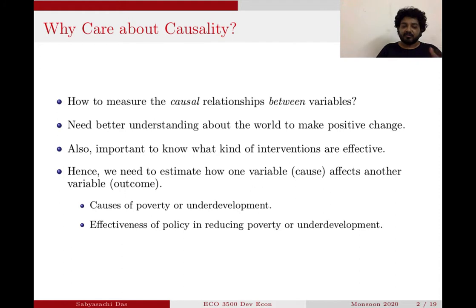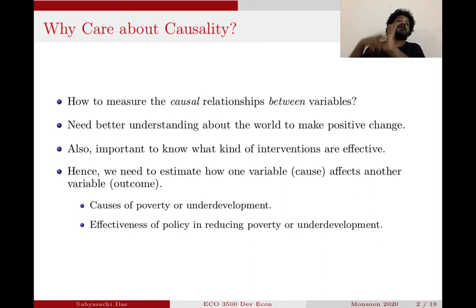And the second related point is that we need to understand what kind of interventions actually make things better. So first we need to understand to make a change. Second, given that we have found out that there are these problems which causally affect this aspect of underdevelopment, we need to find out what kind of policies can relax these problems or frictions in society, right?